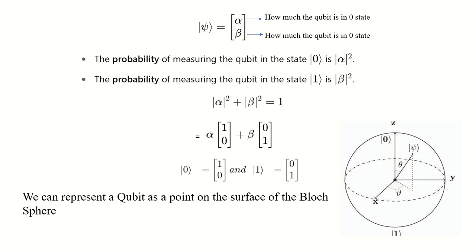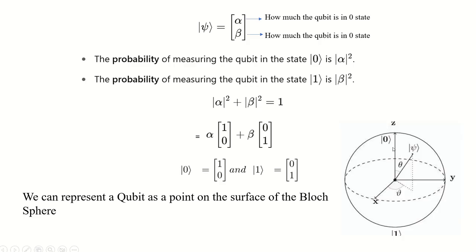So now once we have a column vector alpha beta, we can represent this qubit as a point on the surface of a sphere, which we call the Bloch sphere. So here you can see alpha beta is a column vector.